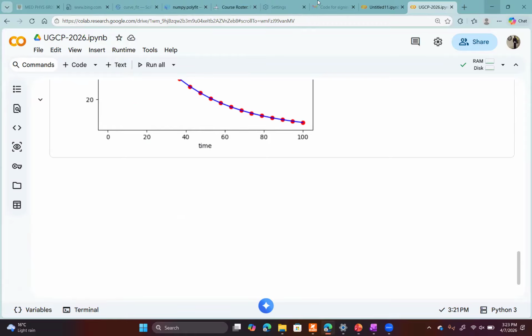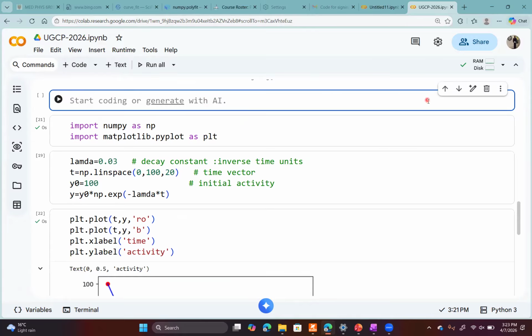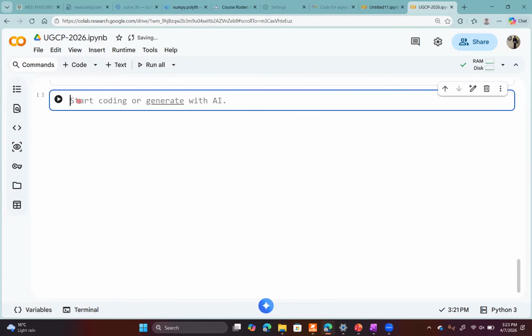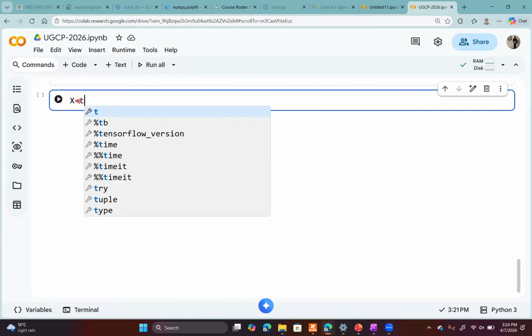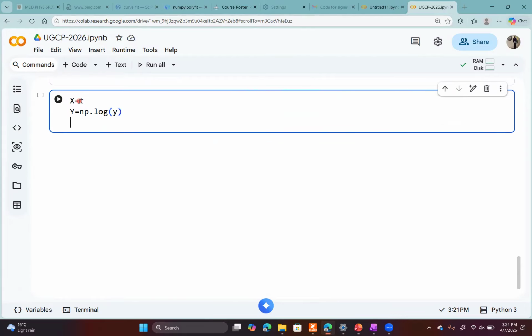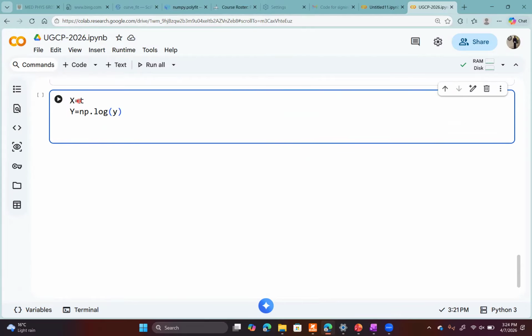So here we go. I add a code calculation part. Okay, here. So I can define capital X equal to time t vector, and capital Y is equal to natural log. So I have to pick up from the NumPy library log of y, and then I can call the function.